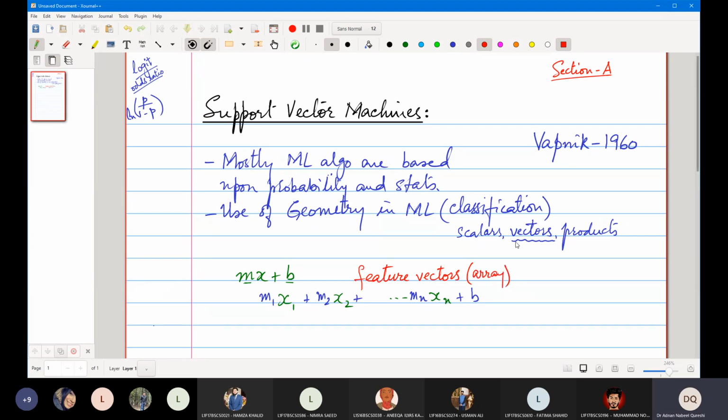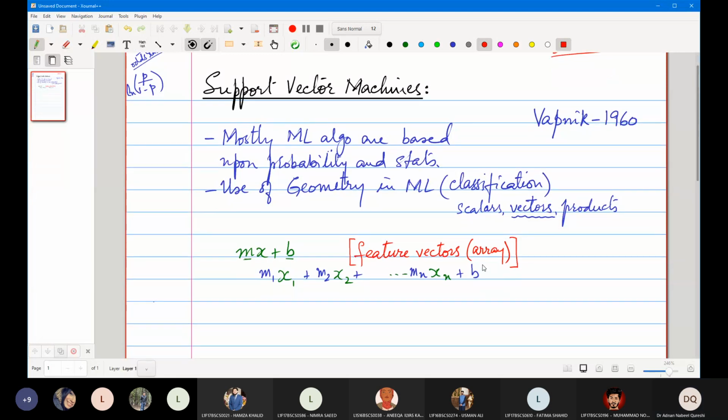Whereas in geometry, vectors have magnitude as well as definite directions. There is an arrow on top, which tells you which direction it is pointing to. We studied feature vectors, but this is something that I wanted to clarify.